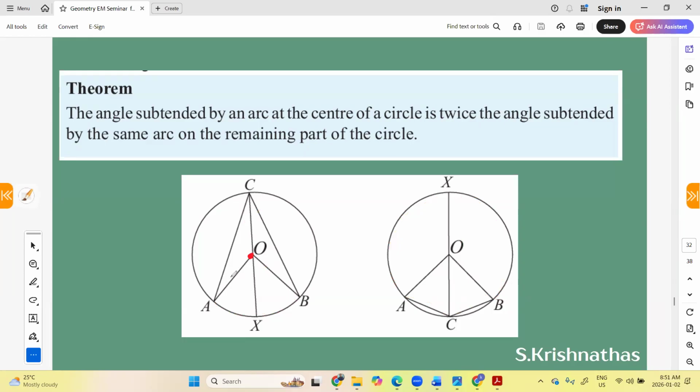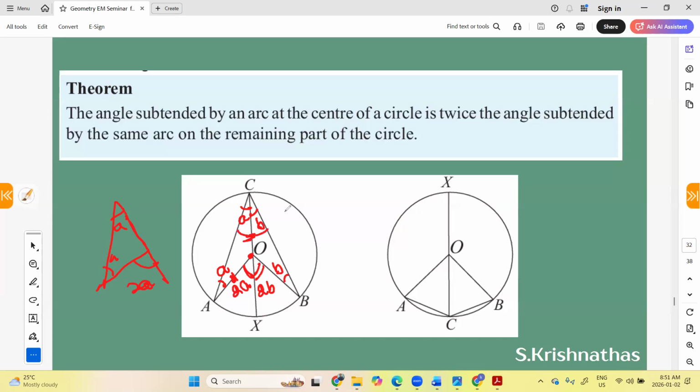Students, these two sides are equal. If this angle is A, this one is A. What is the reason? These are radii, equal sides, so opposite angles are equal, A. Now if you produce a side, this is 2A. The exterior angle is equal to the sum of the interior opposite angles, 2A. If this is B, this one is B, so this is 2B.